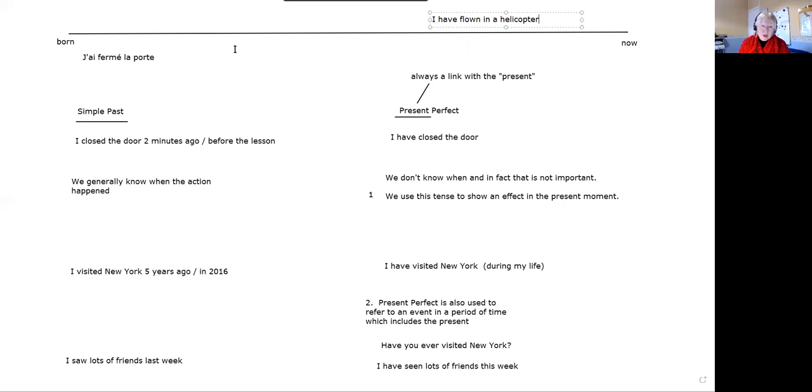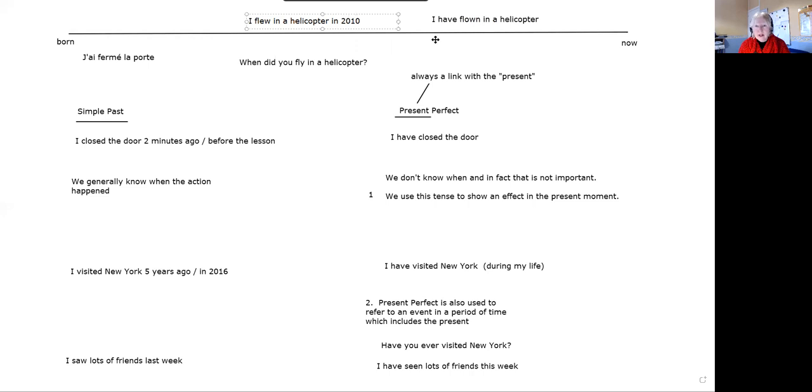When I ask the question, when did you fly in a helicopter? When did you fly? Because I want to know when. And you will then say, I flew in a helicopter in 2010. Pure example, yeah, in 2010.